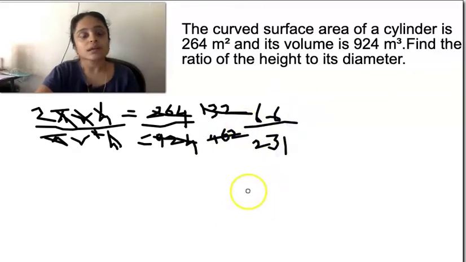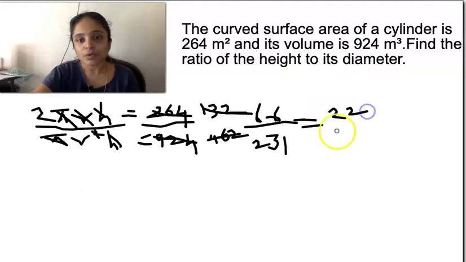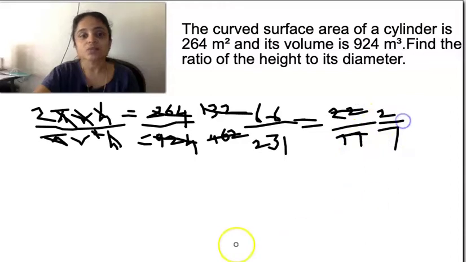Now both these are divisible by 3, right? 2 plus 3, 5 plus 1, 6, so 231 is also divisible by 3. So if you divide this by 3, you will get 22 by 77. And divide this by 11, we'll get 2 and 7. So we'll get this as 2 by 7.